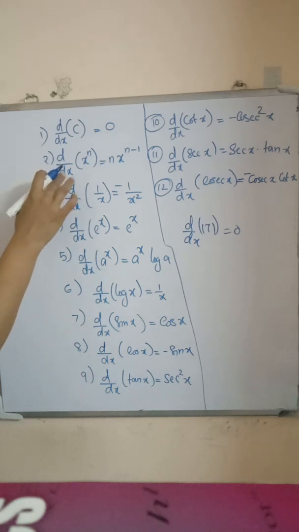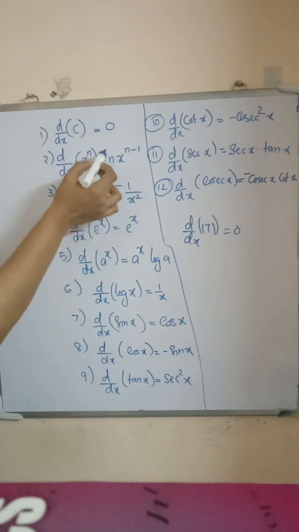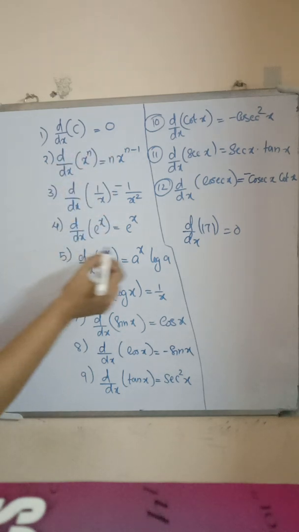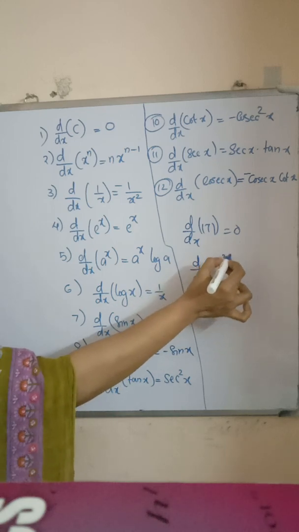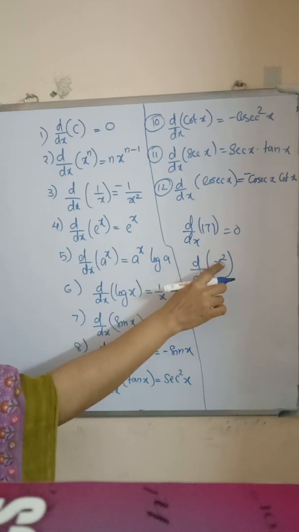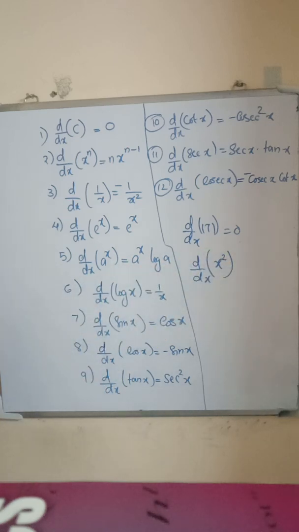Next, derivative of x raised to n is n x raised to n minus 1. For example, d by dx of x square. Here n is equal to 2.